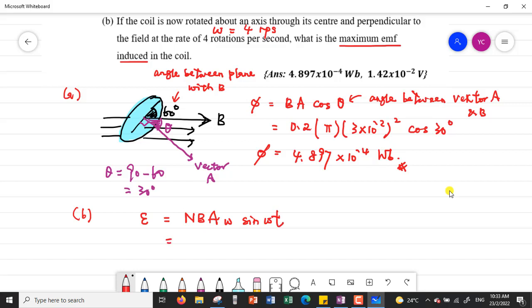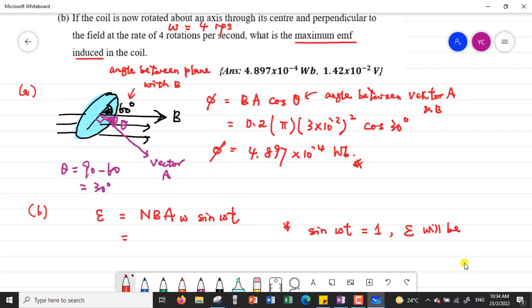We want to find the maximum EMF. We understood in mathematics, the maximum value for sine omega t will be 1. When sine omega t equals 1, then our EMF will be maximum.